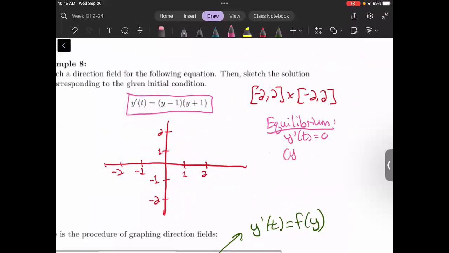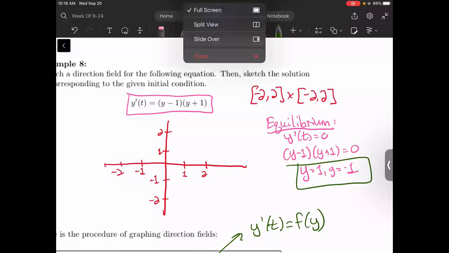So in this case, we'll have y minus 1 times y plus 1 equals 0. So in this case, y equals 1, and then y equals -1. So what this means is if y is equal to 1 or y is equal to -1, we would have a derivative of 0.